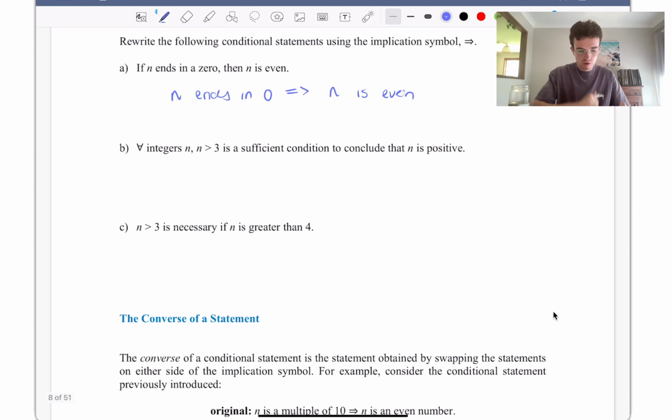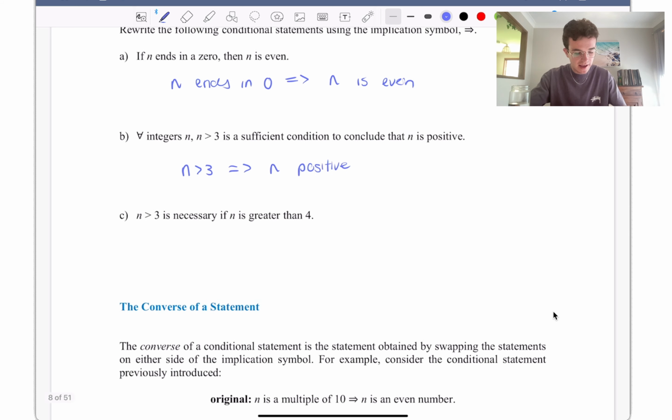Part B, for all integers, n is greater than 3 is a sufficient condition to conclude that n is positive. First of all, that is a true statement. If n is bigger than 3, then it has to be positive. So we might say if n is greater than 3, that implies that n is positive.